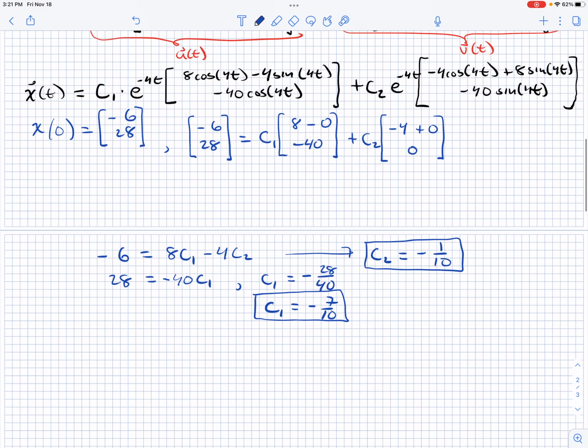So, going back up there, we now know we have our solution with the initial values given.